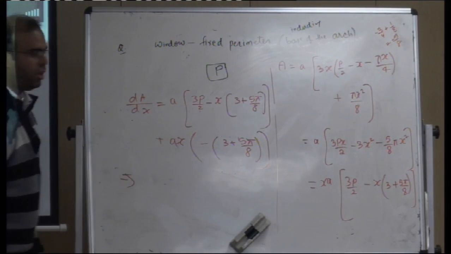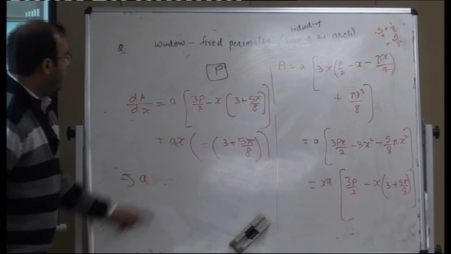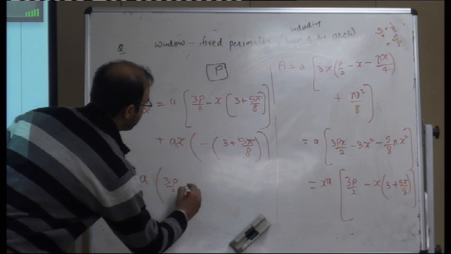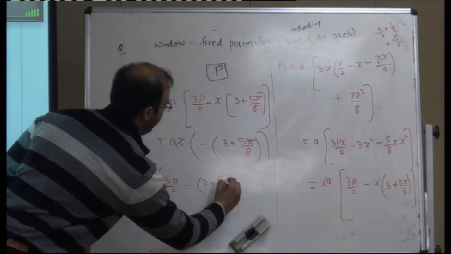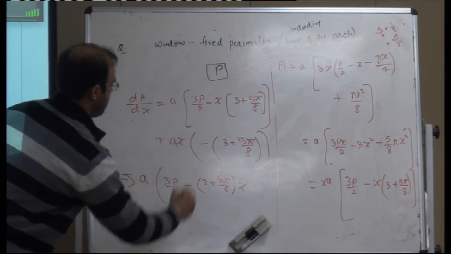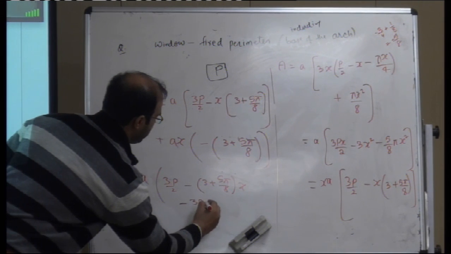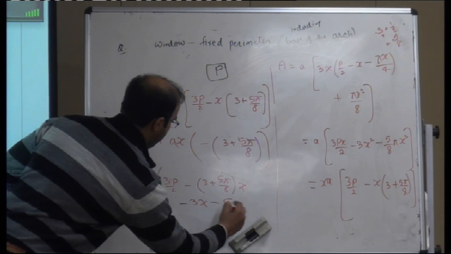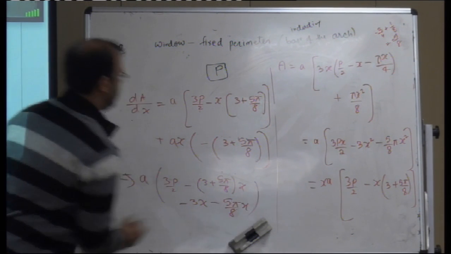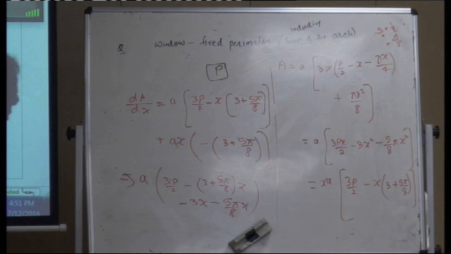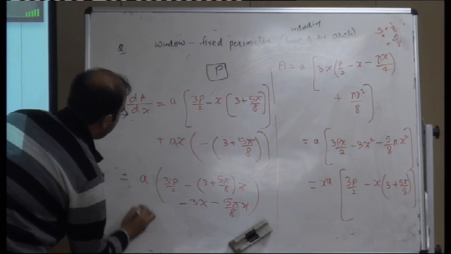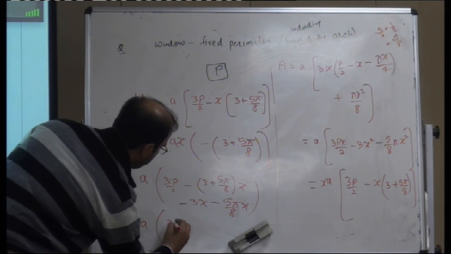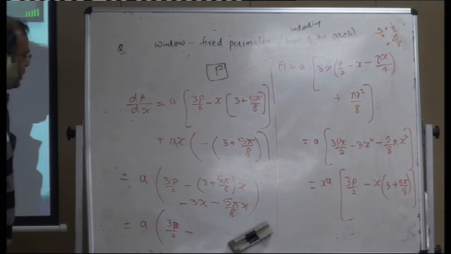A is actually common again, and here 3p by 2 minus 3 plus 5 pi by 8 into x minus 3x, and then minus 5 pi by 8 into x, right, and this would become equal to A 3p by 2 minus 3x and then minus 3x again minus 5.